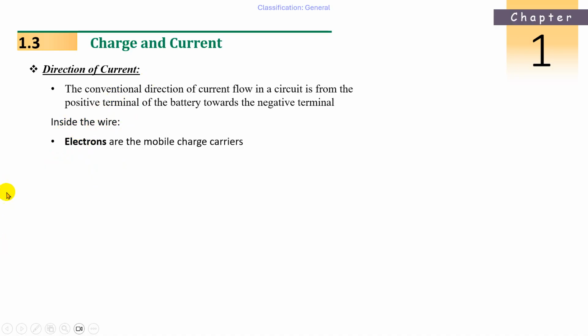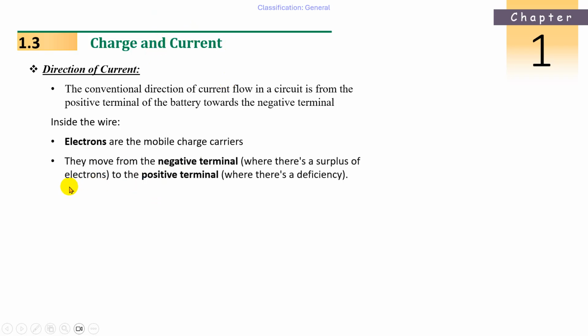So that much charge it will carry inside the conductor, towards the positive terminal. They move from the negative terminal, where there is a surplus of electrons. At the negative terminal there are huge numbers of electrons, and from there they are pushed.